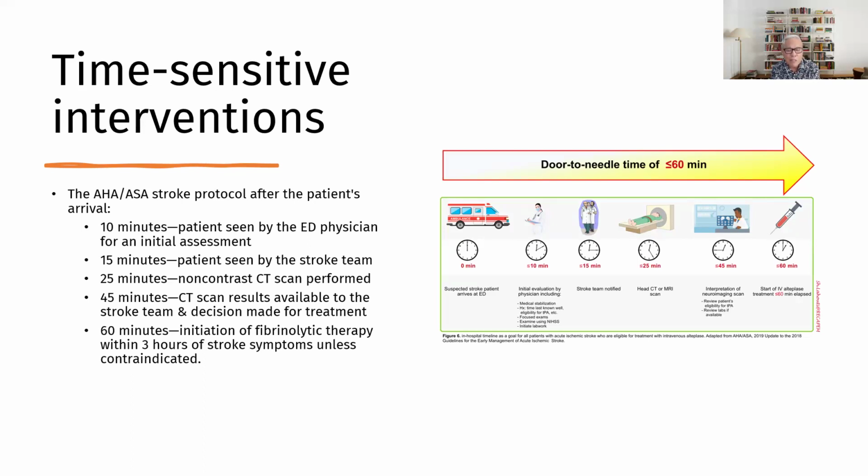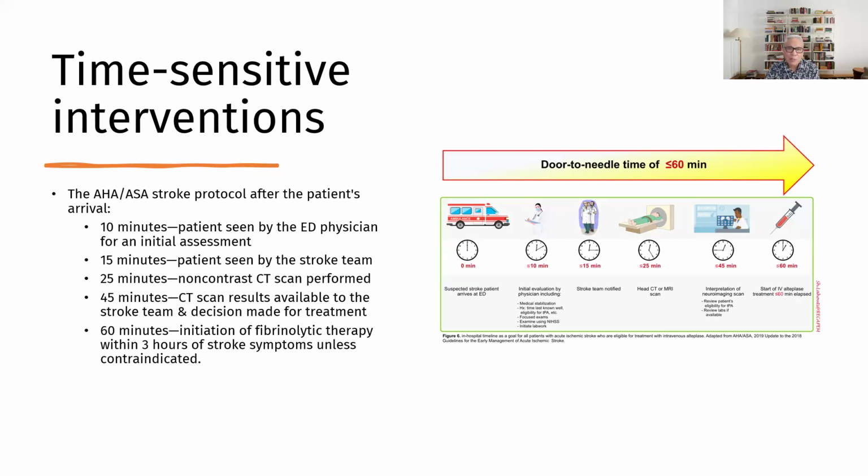Within 15 minutes, the patient should be seen by the stroke team. At 25 minutes, a non-contrast CT scan should be performed, and at 45 minutes the CT scan results should be available so that a decision can be made for the treatment.